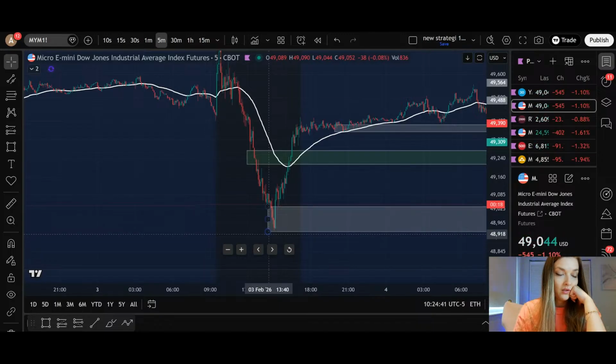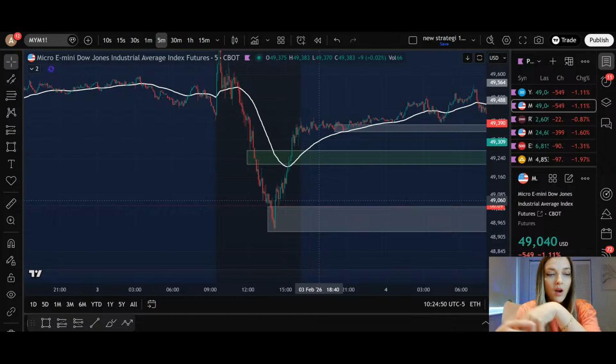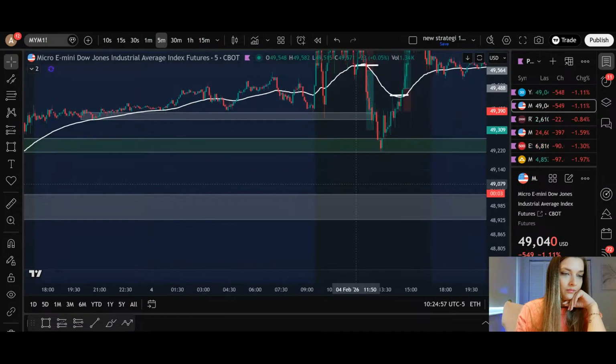So this demand is basically an area where the product is in demand, so people will buy it because it's in demand. That's how. Same thing.